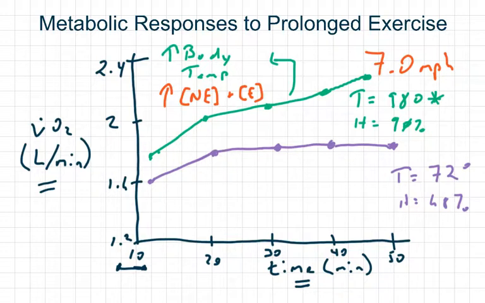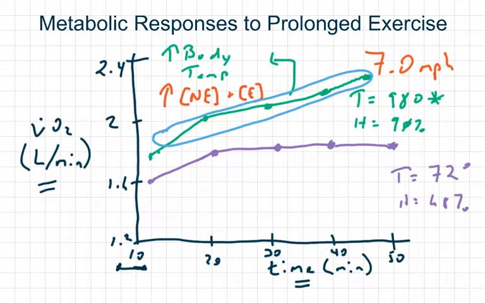Essentially, what we're saying is the work is harder in a hot and humid environment compared to normal conditions. And thus, you can see that the steady state of the oxygen consumption is not achieved in the hot and humid environment.